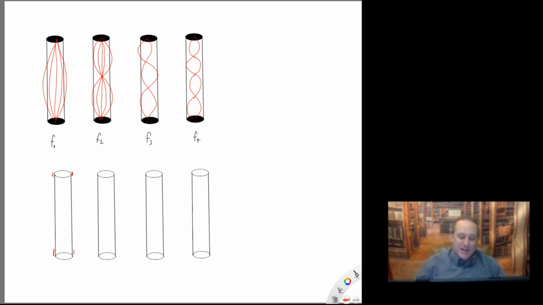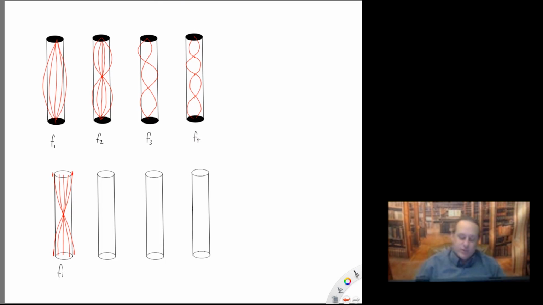So how can I do that? I can't just do something like this because that's not a wave. It's not oscillating. Remember, what we are illustrating here by all of these lines is movement, is motion. So the very first pattern we can get that has an antinode on both ends is one that has a node in the middle. That's our fundamental frequency.